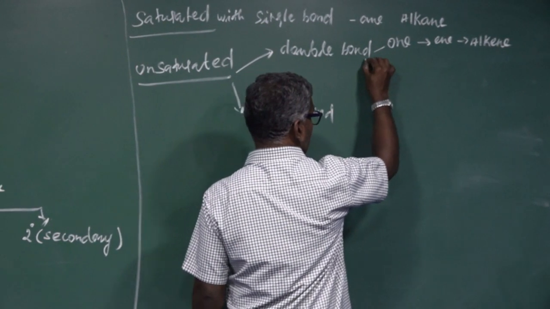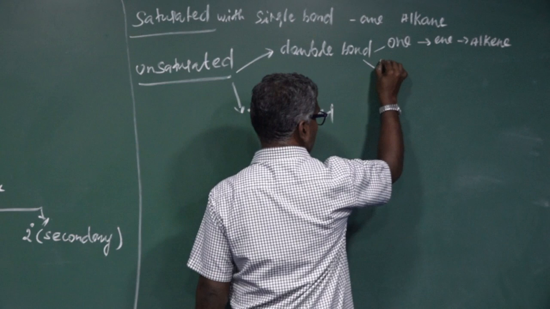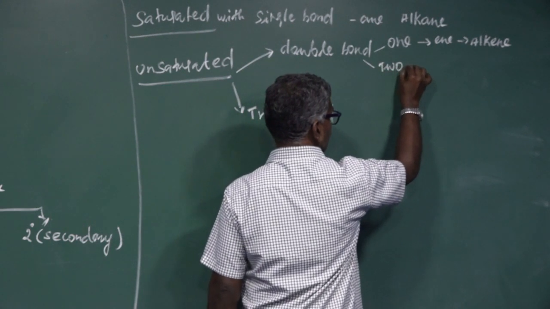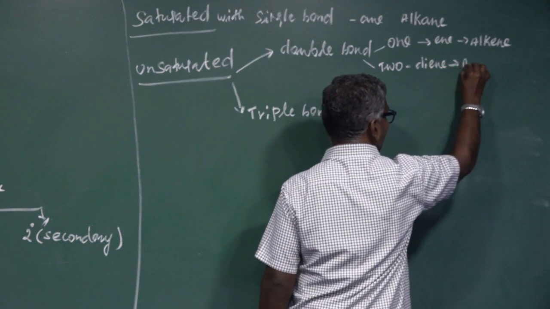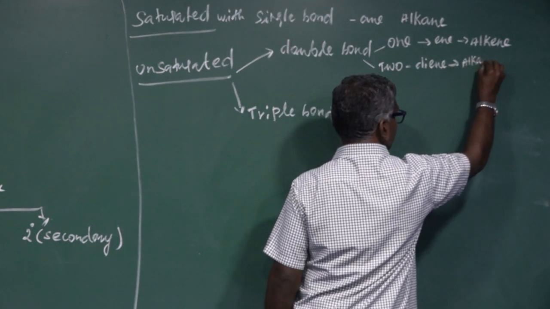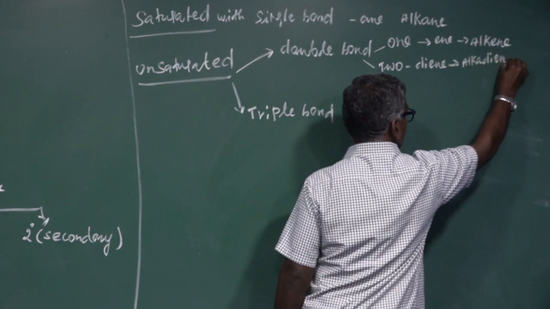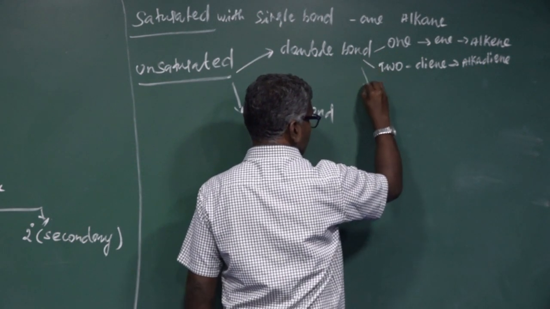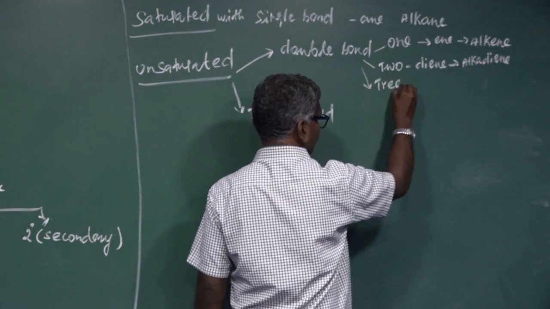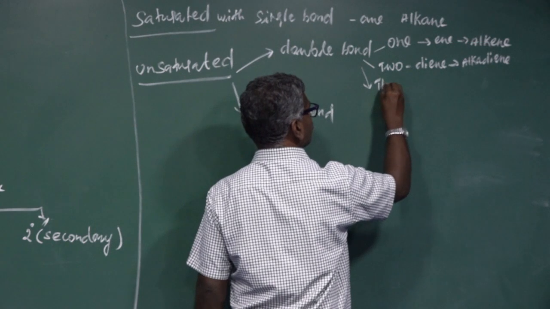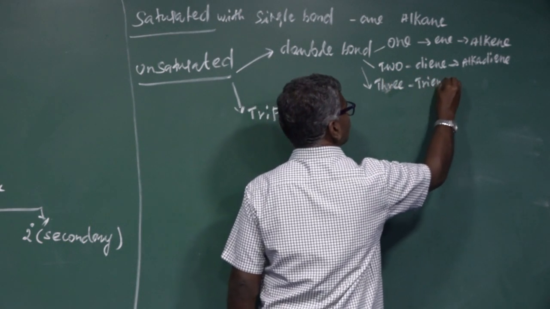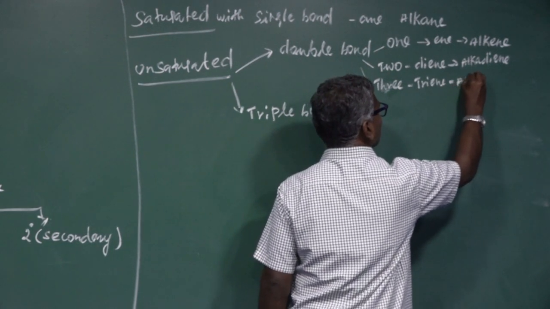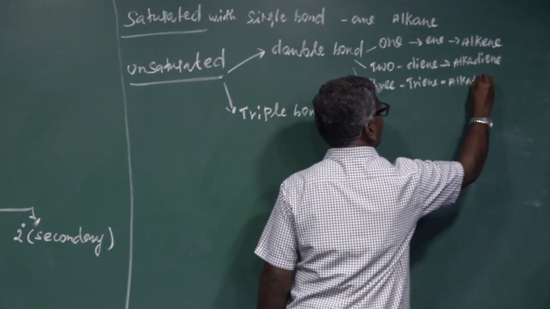Suppose two double bonds are present, this is diene, that is alkadiene. If three double bonds are present, triene, that is alkatriene.